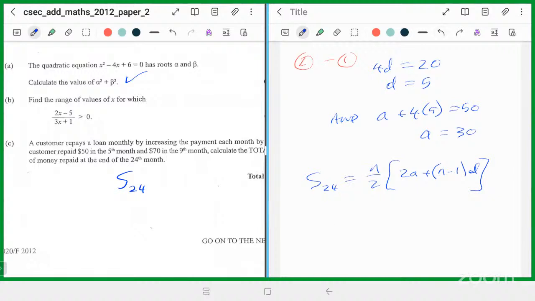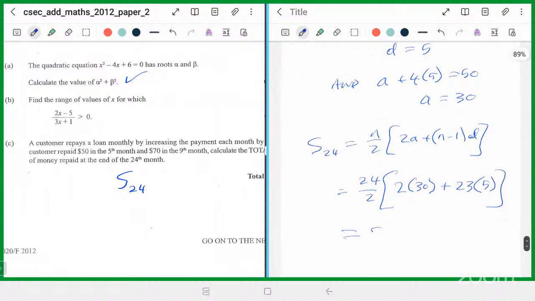So it becomes 24 over 2 into 2 times A. The A is 30 plus the 24 minus 1 here is 23, and the D is 5. And that's what you're working out with the calculator. The answer, I'm going to put a dollar sign on it. Let's work it out.